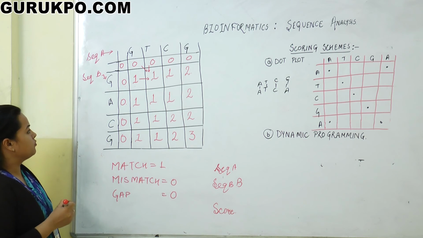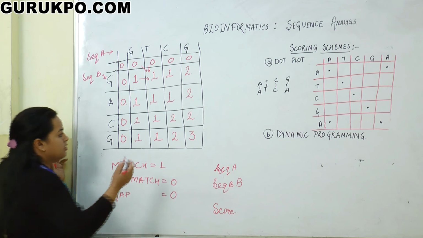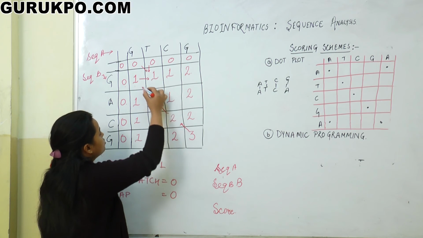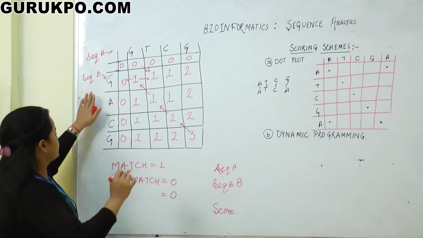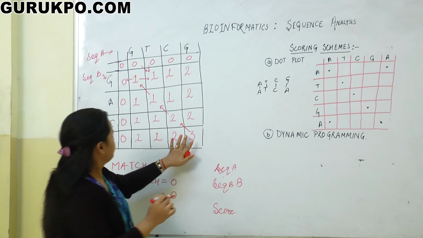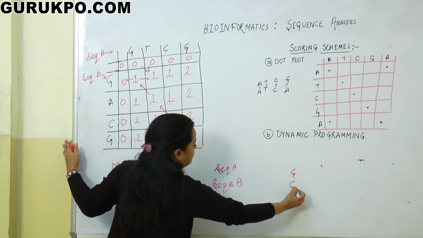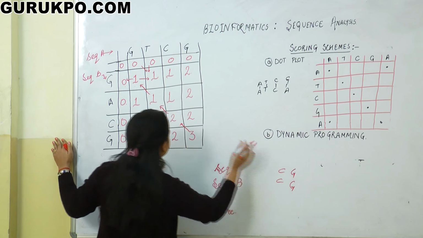Next step is we have to derive some score or some sequence from this. One method is we just go from higher to lower number and write the corresponding characters of sequences A and B. For example, this G and G is a match. Later on, C and C is a match.